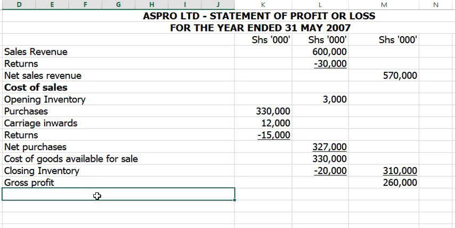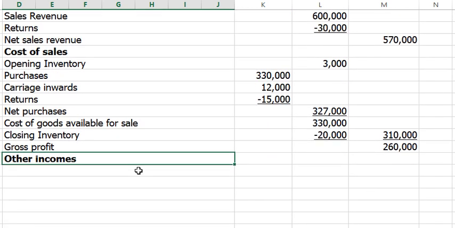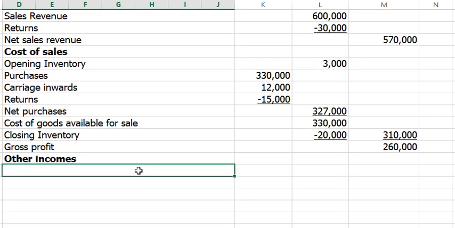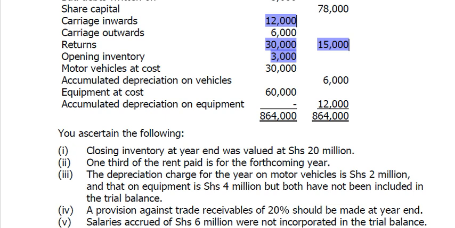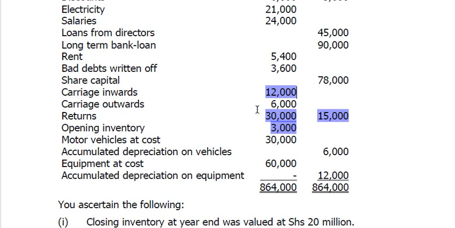After coming up with the gross profit, then you have to add the other incomes. There can be some other incomes that are earned other than the sales revenue. Under other incomes we talk about things like discount received.